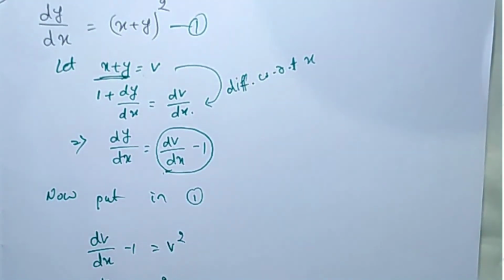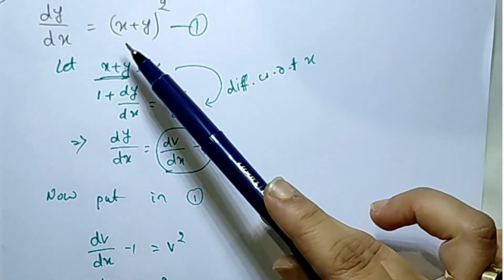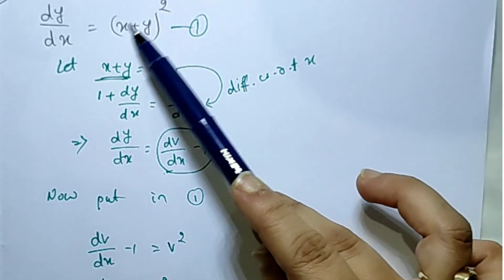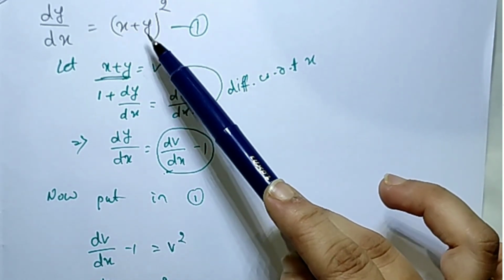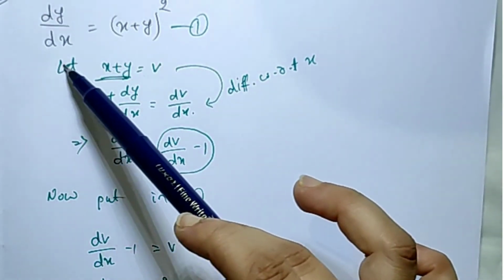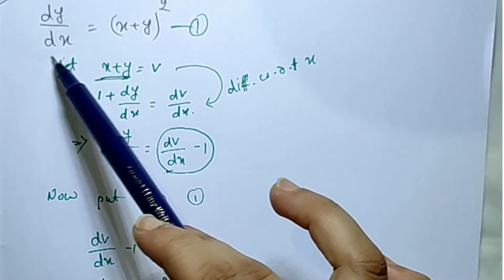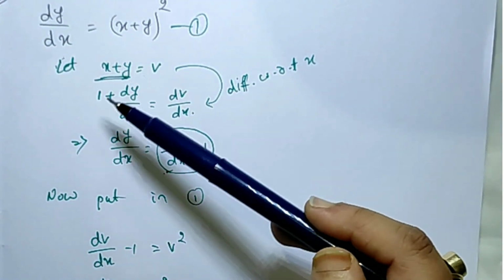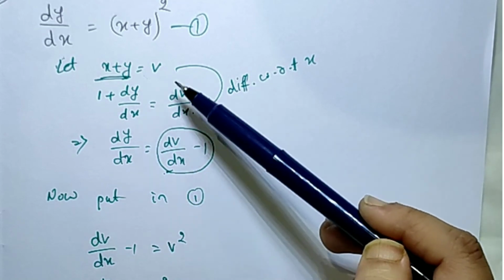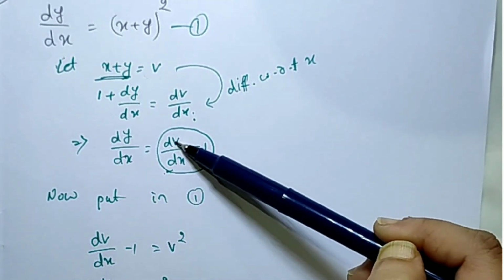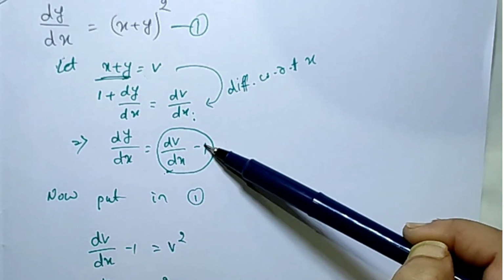But if we can't separate, then we take x plus y is equal to v, or whatever function is given in the question is taken as v. Now find dy by dx to put in this value. So I differentiate on both sides. 1 plus dy by dx is equal to dv by dx. So dy by dx is equal to dv by dx minus 1.